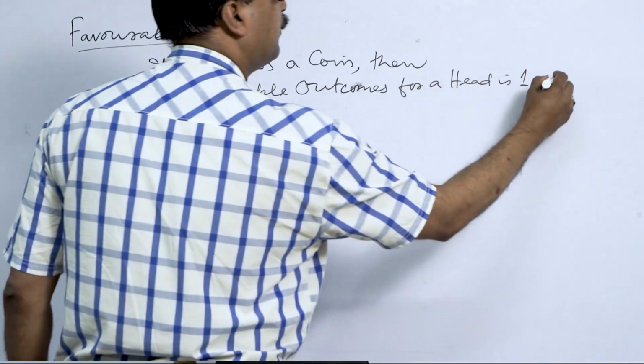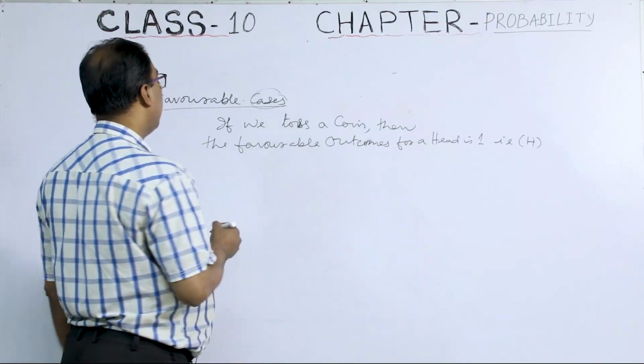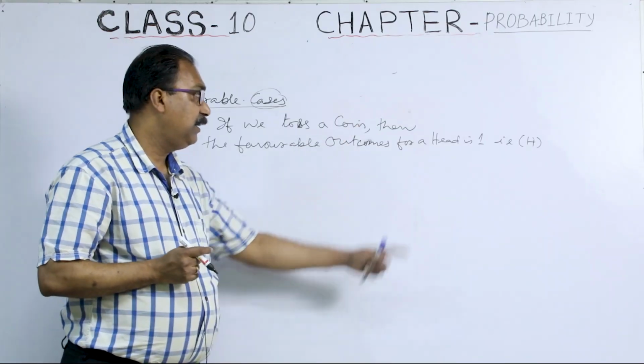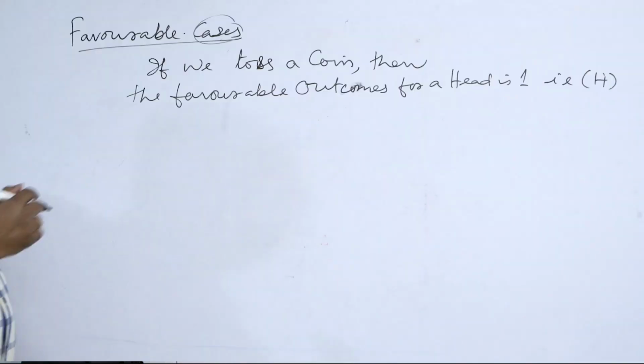That is H. Okay. The favorable outcomes for a head is 1. That is H.